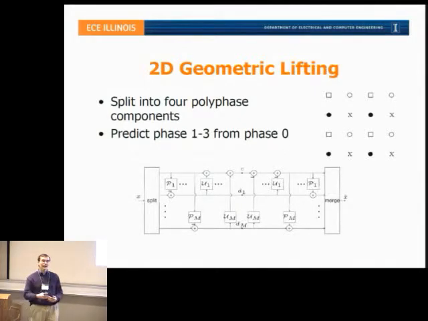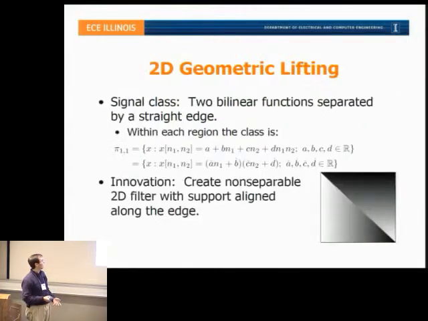And now we're going to have 3 different prediction filters. So this lifting structure on the bottom, in this case M would be 3. And we're going to predict phases 1 to 3 from phase 0. So that's predicting the circles and the X based on the information present at the squares. So that's how you can set up a 2-dimensional lifting structure.